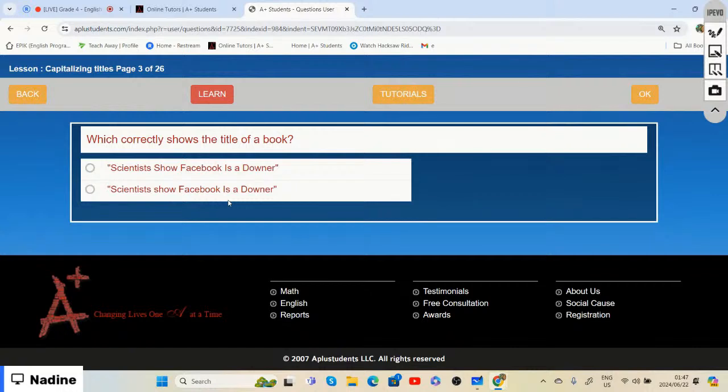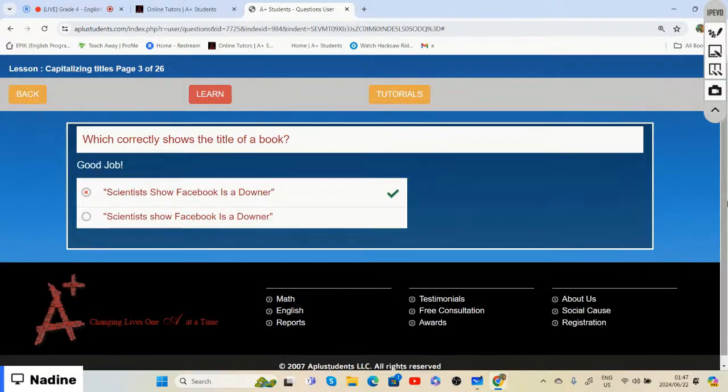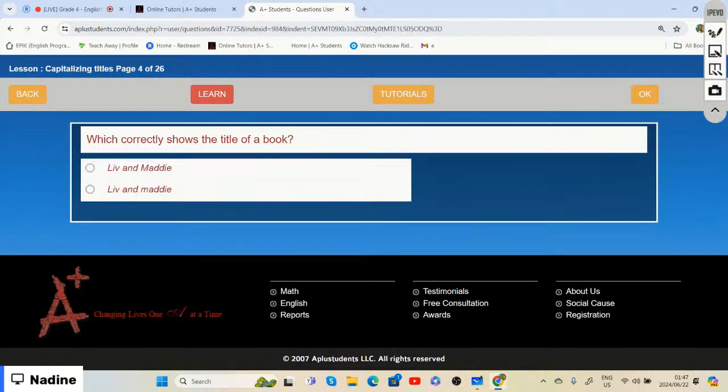So in option one, the only word that is not capitalized is a. And in the second one, show as well as a are lowercase. All right, and if we were to choose the correct one, we would choose option one.